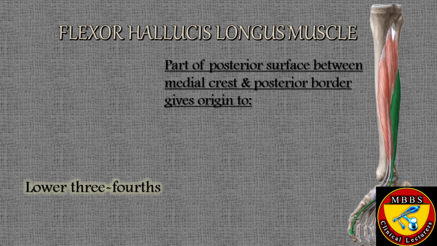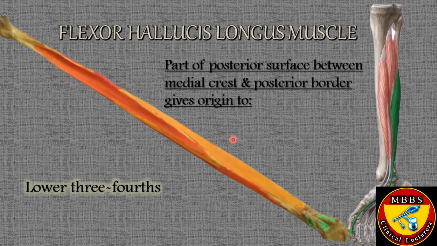Now the flexor hallucis longus muscle. Flexor means it will flex, hallucis means it will flex the thumb, longus means that this muscle is long. It arises from the part of the posterior surface between the medial crest and posterior border, again the same but the lower 3/4. Now I will show you the lower 3/4. This was the upper 1/4 which was giving origin to the soleus muscle.